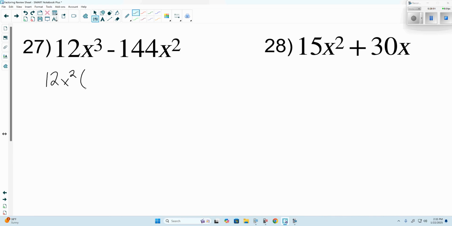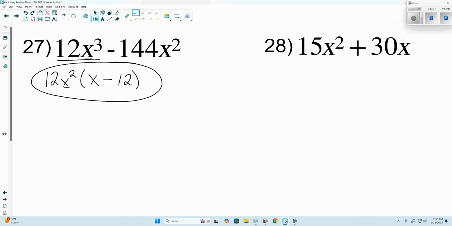Now, if we factor 12x squared out of 12x cubed, 12 factors out completely, and we can remove 2 x's from x cubed, leaving us with x. 12 factored out of 144 is 12. x squared factors out completely. That's as far as it goes. And especially if that first variable became x to the first, that's as simplified as it gets, first power.